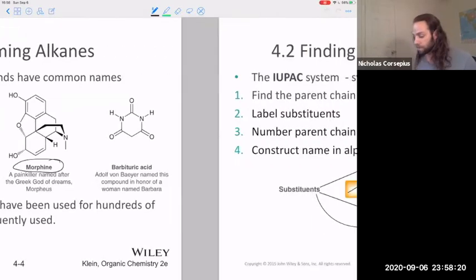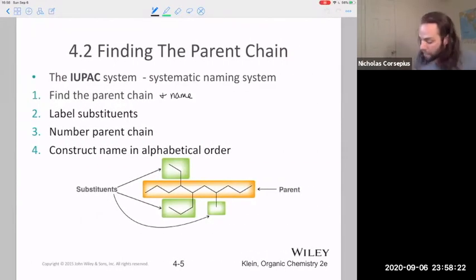What we're going to be focusing on is what is called the IUPAC naming system. So this is a systematic way, given any molecule, you can break it down and figure out what the name is. And this has a few steps. The first step is to find and name the parent chain. That's really what this video is focused on. Okay, so here's an example molecule down here. This is this big ugly hydrocarbon, as you can see. It consists of a parent portion.